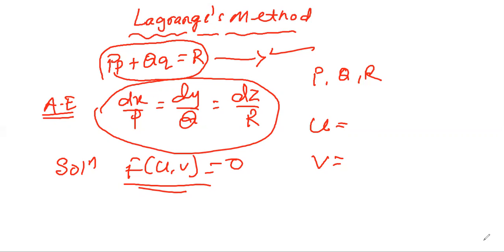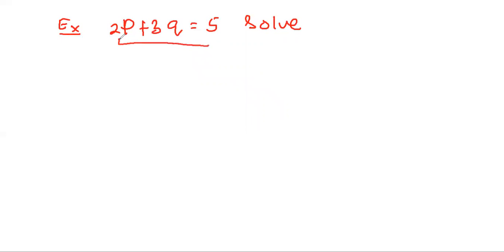so we consider one example: P 2p plus 3q is equal to 5. Solve. Actually, this is an equation we need to solve, and first of all we identify which type of equation this is.